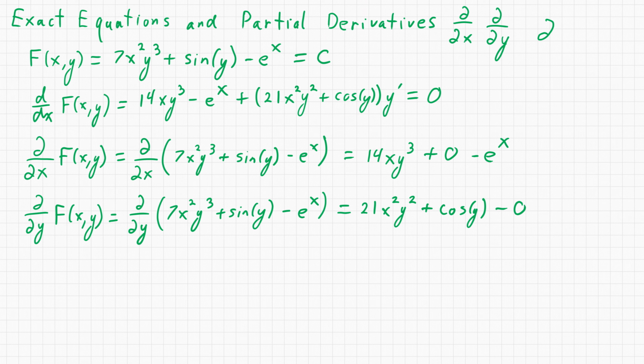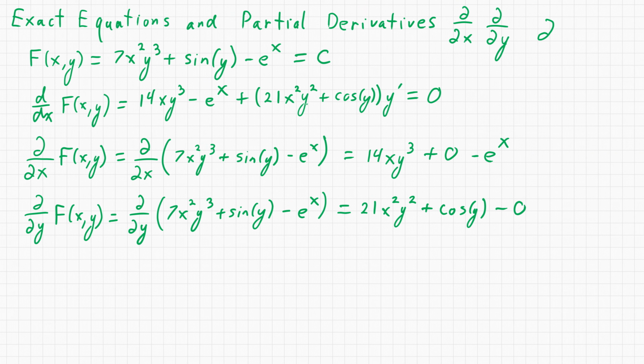Now, if you look carefully, this piece here, this 14xy cubed minus e to the x, that's actually this piece right here, the first bit of the d dx of f of x comma y. There it is. And then the piece that's multiplying the y prime is actually the partial y of f.